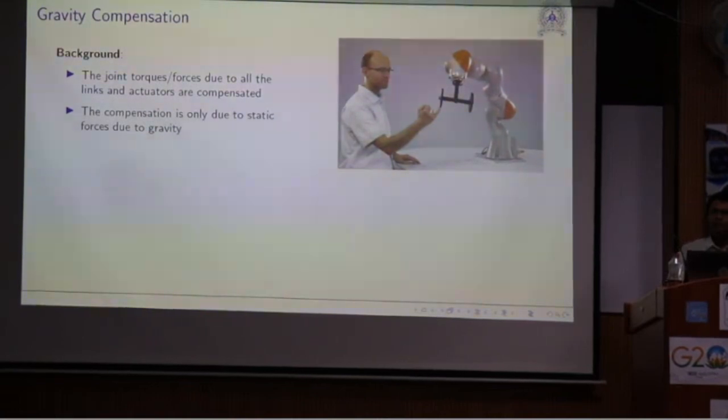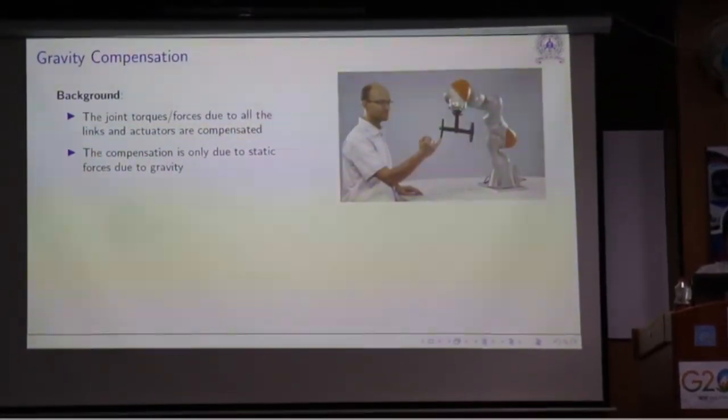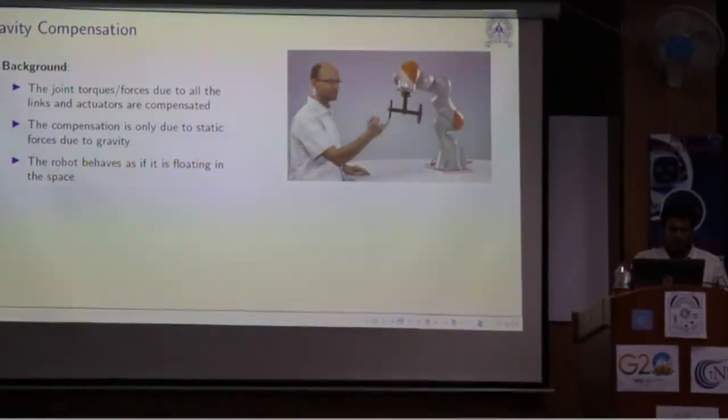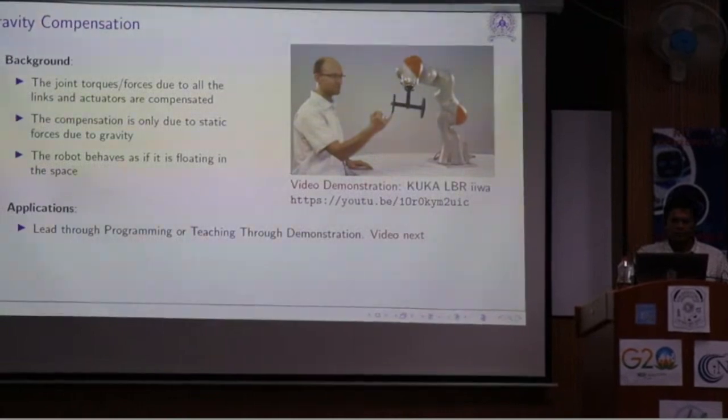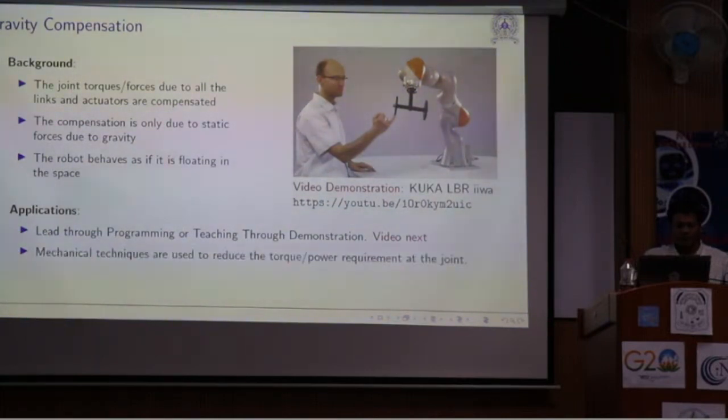So any external force can make it move, right? And the robot behaves as if it is floating in space. Lead through programming is just one example which this allows.